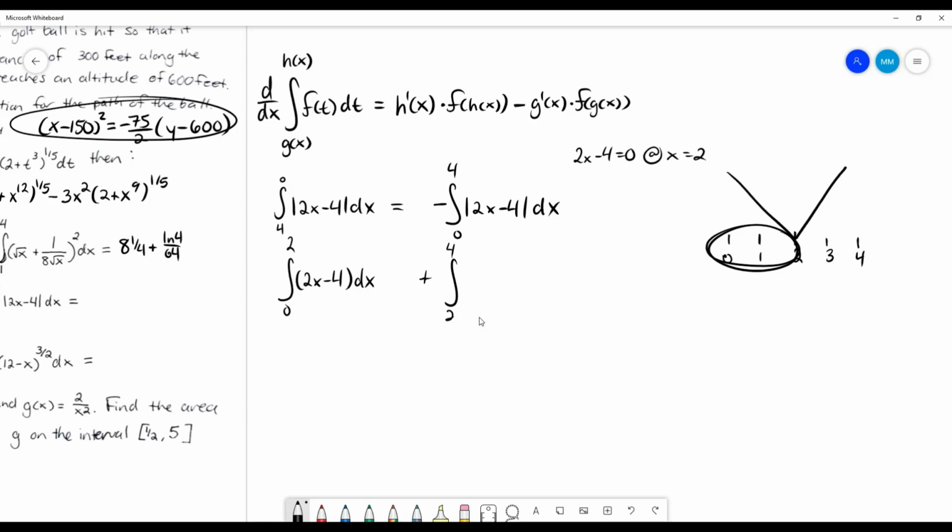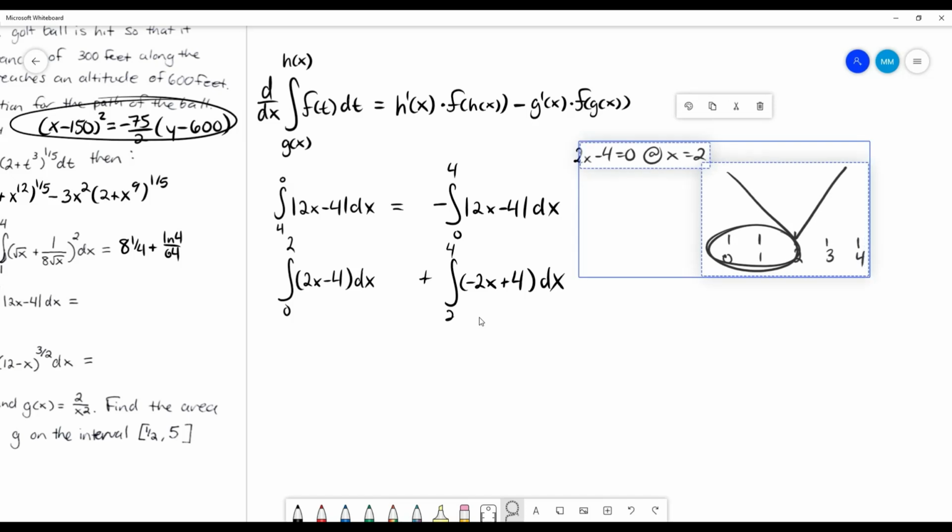And then over here, that's going to be all of this space, which is going to be just a positive. But I have this negative on the outside, remember? So I'm going to go ahead and distribute that just for my own sake. So that's going to cancel out there. And now these are the integrals I have to take.